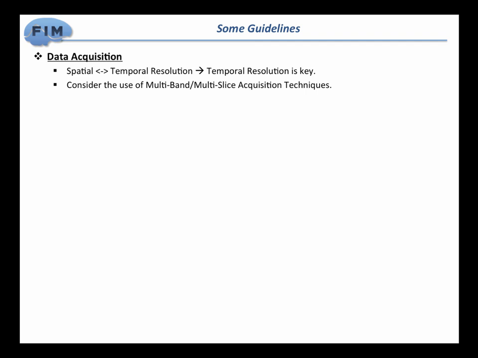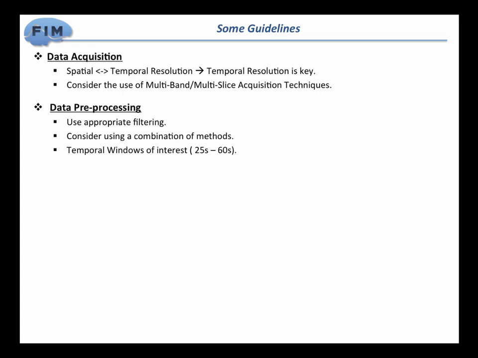For this type of analysis, I would give up some spatial resolution to gain temporal resolution, especially if you're thinking about doing some type of analysis that is based on ROIs later. There is no need to have 1,000 voxels in each of the ROIs, okay? Definitely, if you're going to do this type of study, I would seriously consider taking advantage of some of the newest multiband sequences that allow you to acquire several slices per excitation pulse and can reduce the TR by a factor of 2 or 3.